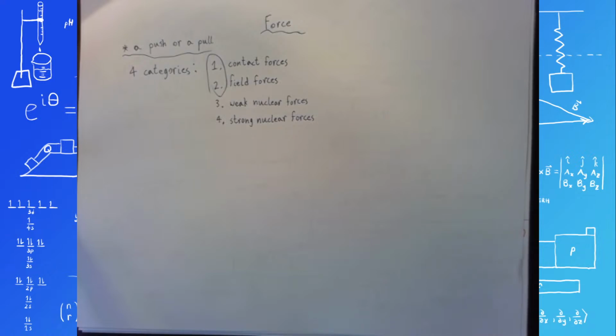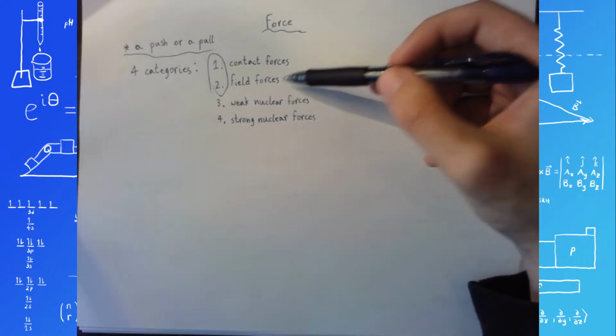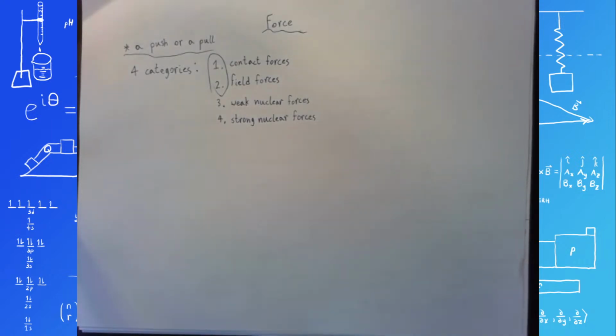And I feel like understanding that contact forces require physical contact while field forces don't will help sometimes with some misconceptions that tend to happen, such as the idea that an object's weight can act on another object that it's physically in contact with. That's not true.